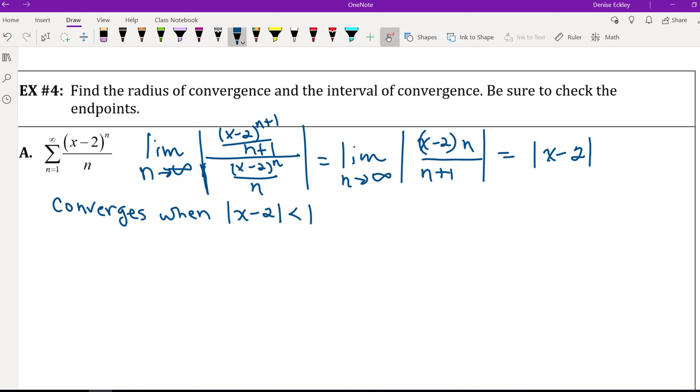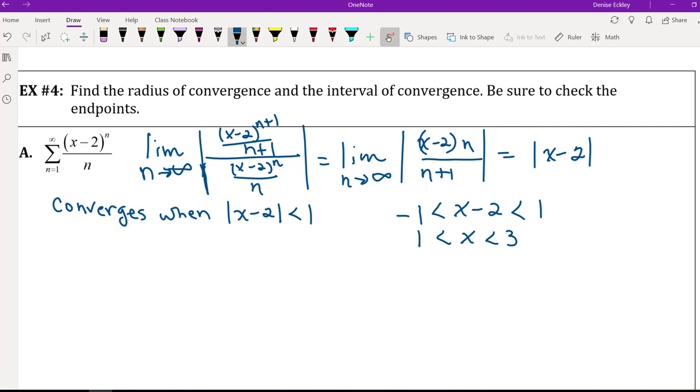So we know that x minus 2 is going to be somewhere between -1 and 1. When we simplify this and add 2 to both sides, our interval for x is 1 is less than x, which is less than 3. So we've found our interval here, but we have to check our endpoints to see if we can set x equal to 1 and also x equal to 3.